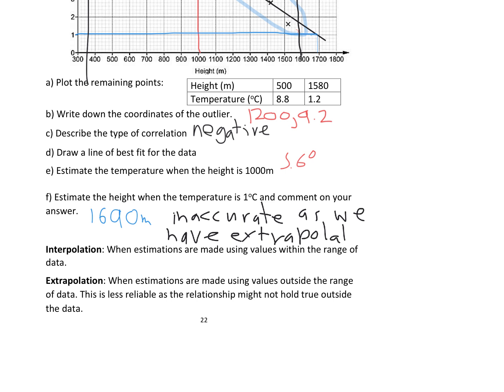I'll go through them again. Interpolation is when estimations are made using values within the range of data, inside the black lines I drew. Extrapolation is when estimations are made using values outside the range of data. This is less reliable or inaccurate, as the relationship might not hold true outside the data.